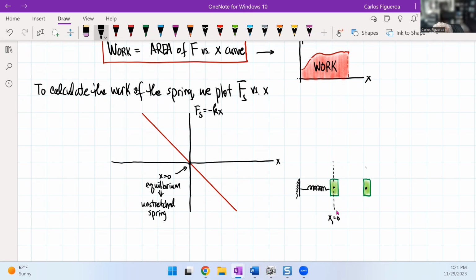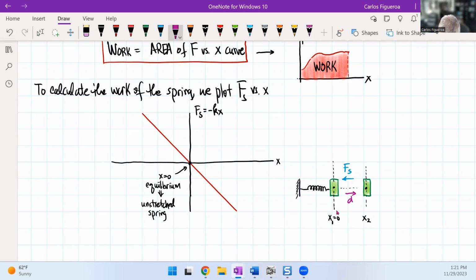Then I'm going to move this to x2. As I move it in there, we see that there is a spring force that moves in this direction as my displacement goes in that direction.